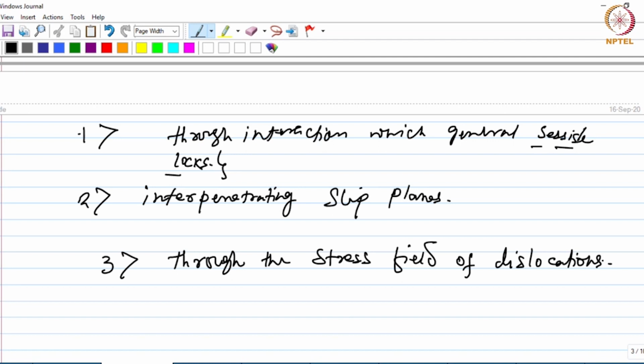We have seen this before. Dislocations have a stress field around their core, and therefore, through this stress field, dislocations can interact with each other through elastic interactions, leading to impediment in their motion. All of this would ultimately lead to an increase in the strength as the dislocations find it difficult to move through the lattice.